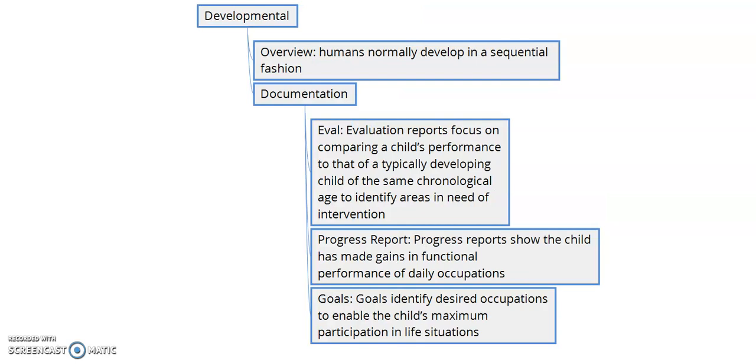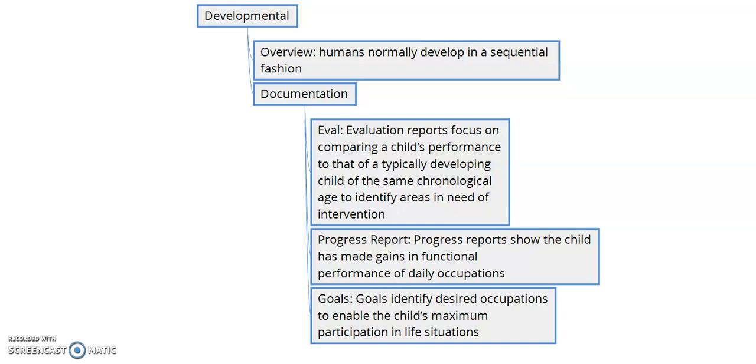The developmental frame of reference basically states that humans normally develop in a very sequential fashion. When you're documenting under this frame of reference, evaluation reports focus on comparing a child's performance to that of a typically developing child of the same chronological age to identify what areas they need intervention.